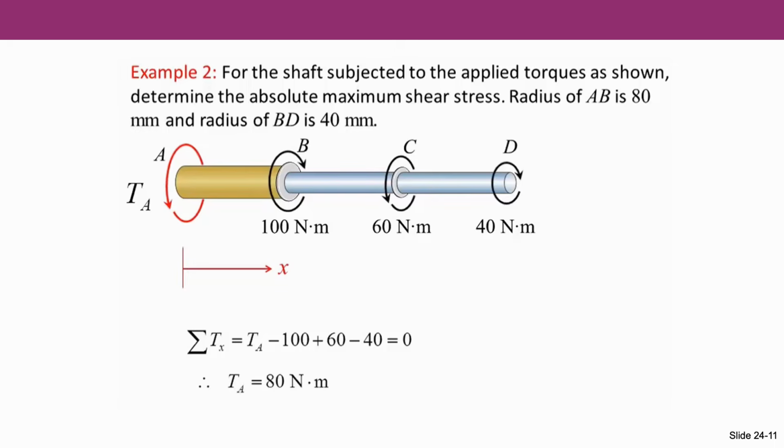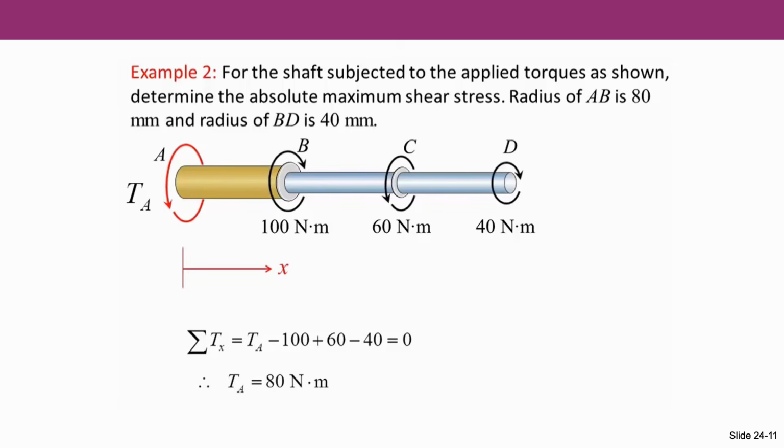If the result yields a negative sign, this indicates that you need to reverse the direction of the support reaction. Nevertheless, sigma Tx is equal to TA minus 100, because 100 is in the clockwise direction, plus 60 is counterclockwise, minus 40 is clockwise, therefore negative.